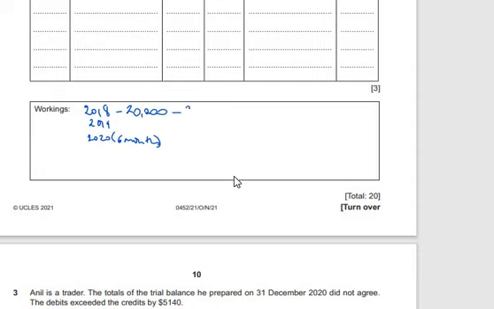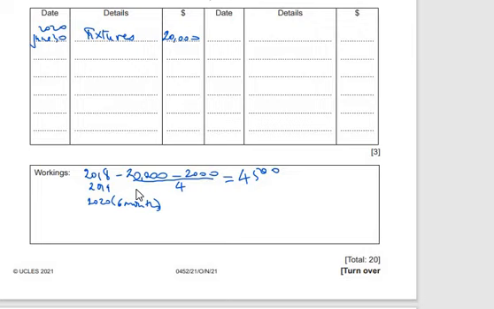I repeat, they are telling us that the fixtures will have a useful life of 4 years, at which the residual value will be 10% of original cost. So that's what I did there. If I work that out, it gives me 4,500. So 4,500 is the depreciation for 1 year for that sold asset.